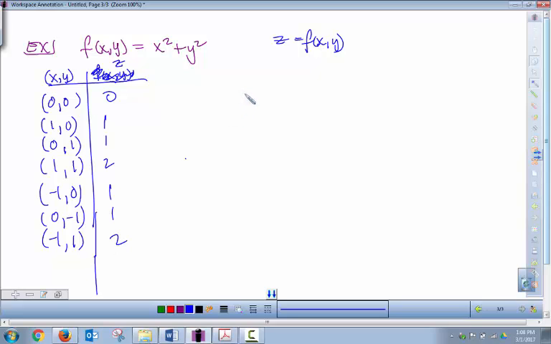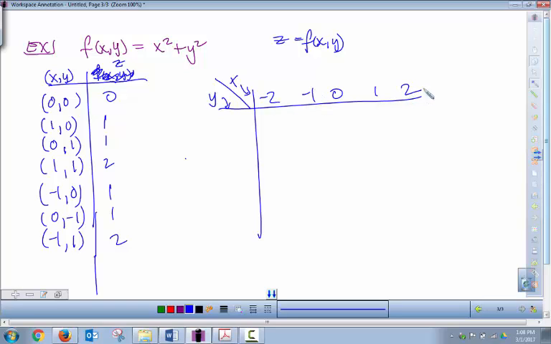Another perspective to this would be to make a table. And the table, it's kind of tricky sometimes because you need to identify which one's your x and which one's your y, and sometimes it's not very clear. So we can label our x values like this, and maybe instead of starting at 0, let's start at -2, -1, 1, 2.